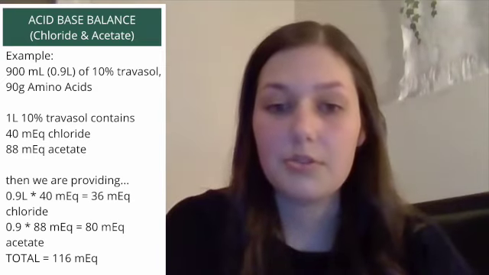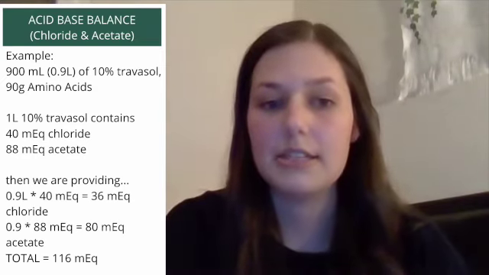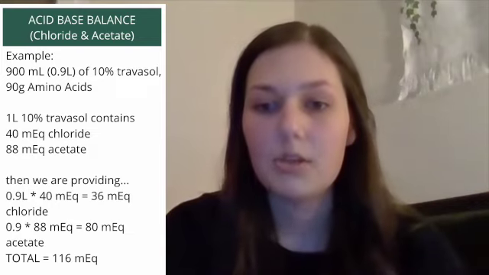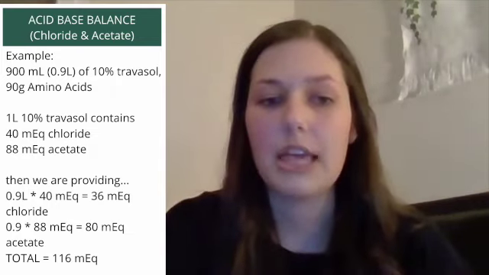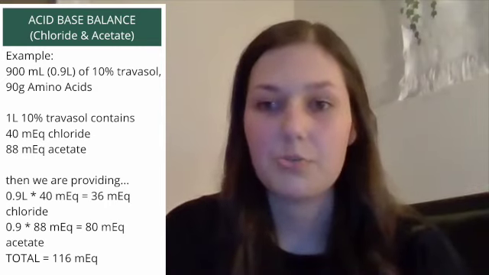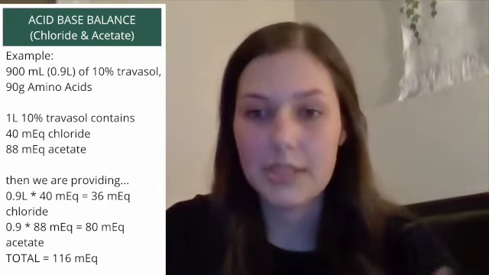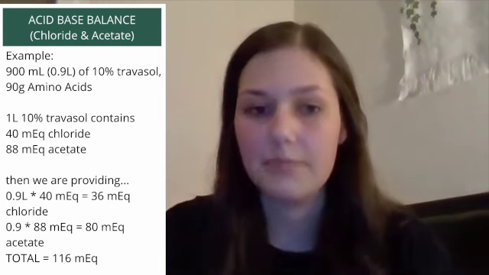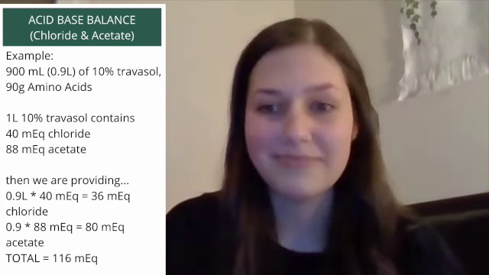Between the two of those, we have 116 total milliequivalents, which is important because we're going to create almost a pool of milliequivalents with which we can allocate some to chloride and some to acetate. And this will make sense, hopefully, more in a minute.